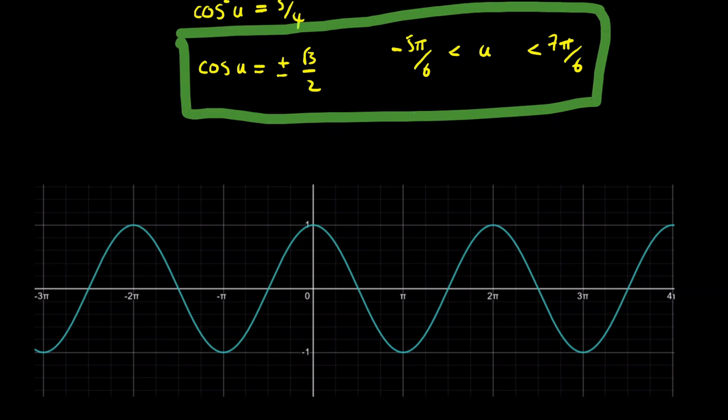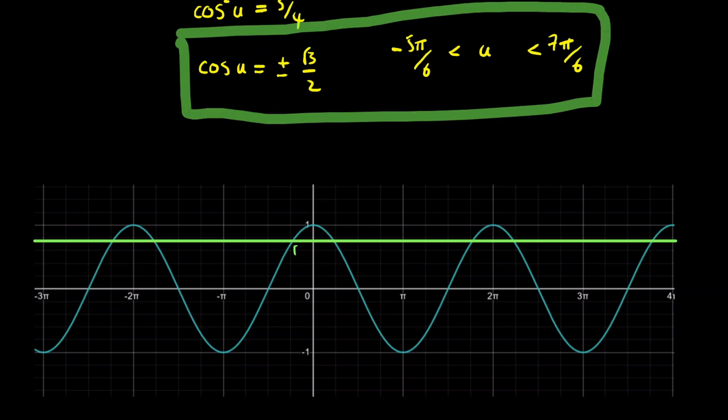So if I draw y is equal to root 3 upon 2, let's say it's something like that. What we're really looking for are the intersections.